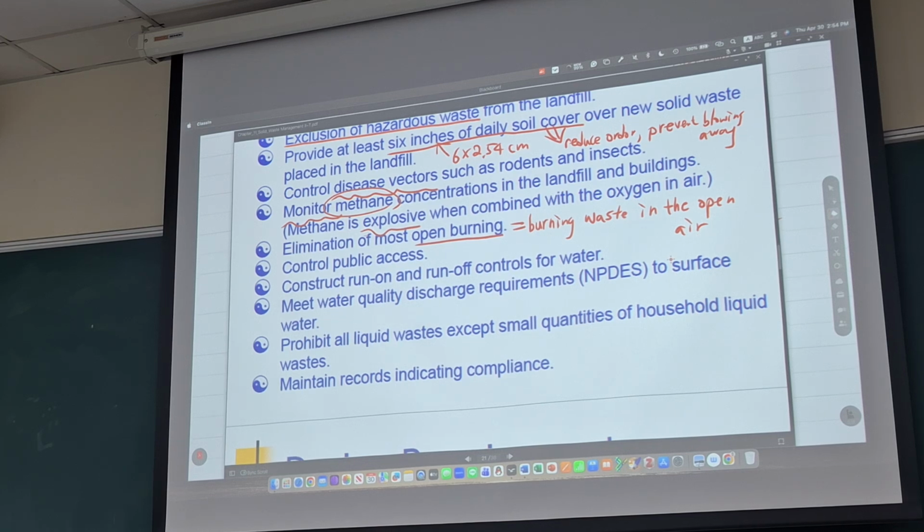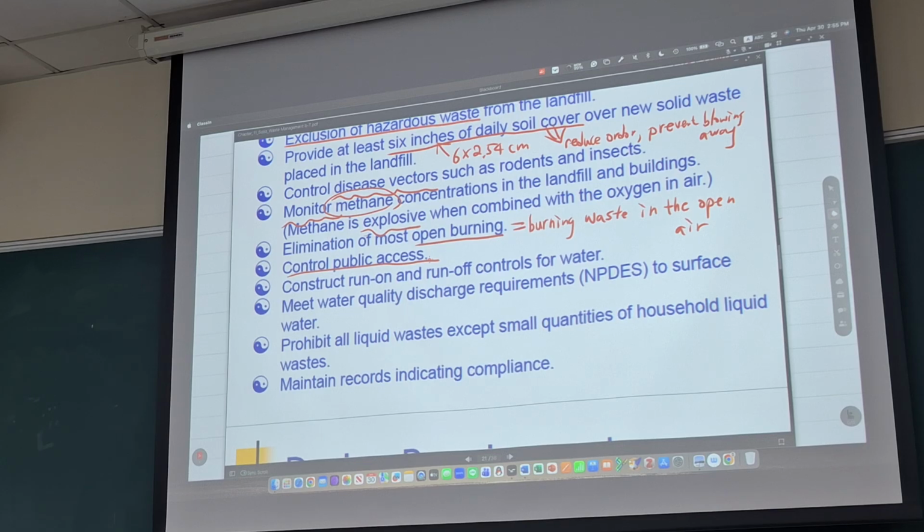So for example, if you have too much solid waste, you just burn it in the open area. No, this is not allowed. You need to control public access. Not everyone can go there, unless this landfill is abandoned and you convert it into a park, an ecological park.